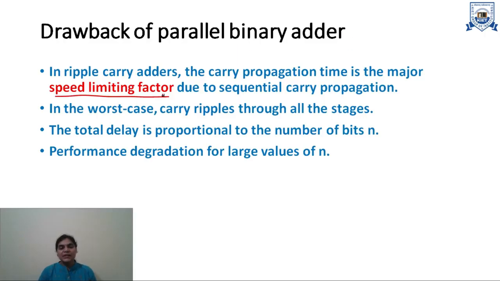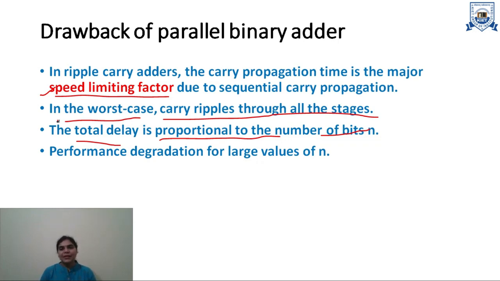As we have seen, the ripple carry adder introduces a large propagation delay to produce the output, so it limits the speed of the adder. In the worst case, the carry ripples through all the stages. The total delay is proportional to the number of bits. So as n increases, the propagation delay also increases, and it will degrade the performance of the parallel adder.